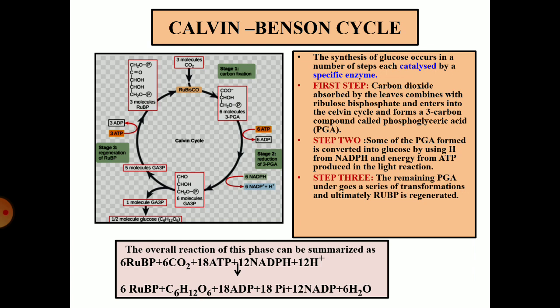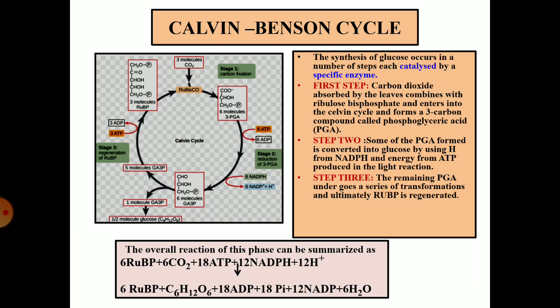The second step, some of the PGA formed is converted into glucose by using hydrogen from the NADPH I just told you about and ATP from the light reaction. Step 3. The remaining PGA undergoes a series of transformations and ultimately regenerates ribulose bisphosphate, which was utilized in the beginning, in the first step.